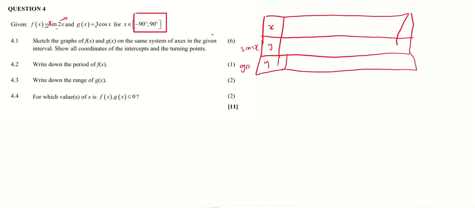Now let's choose the interval. This is from negative 90. Let me use 45, so this is negative 45. This is 0. This is 45. This is 90. That's the interval. But look at this, this is times 2.